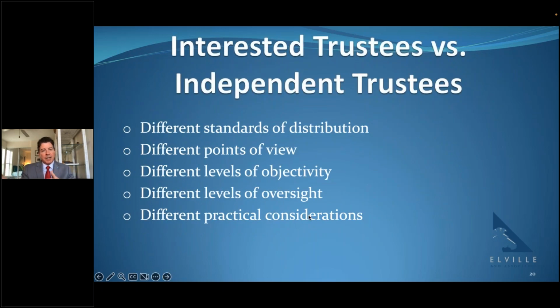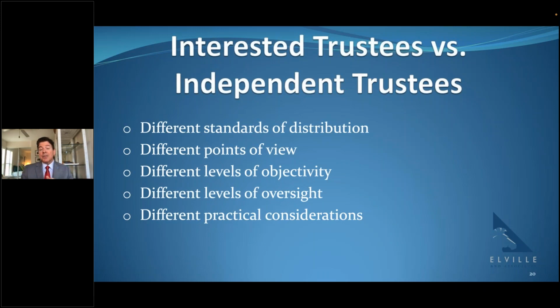So independent, again, versus interested trustees, different points of view, different standards of distribution. It's beyond the scope of today's discussion, but you may recall that I said that where independent trustees are involved, we have theoretically much greater asset protection.